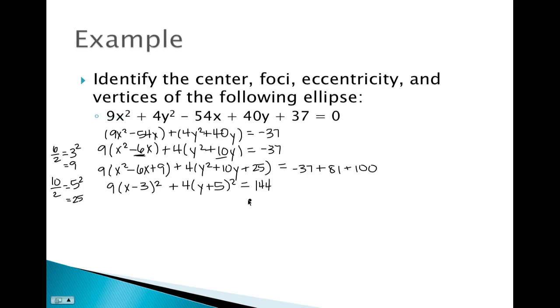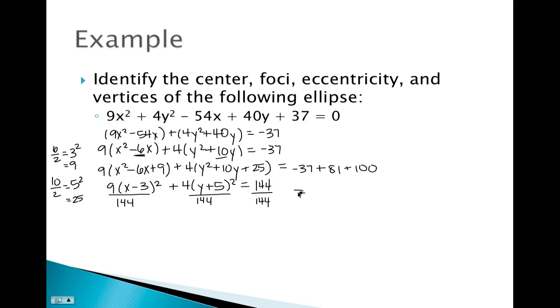So we want to get this looking like the standard equation of an ellipse. So we want this term right here to equal 1. So let's go ahead and divide through by 144. That way we get 1 on the other side of our equal sign. But if we divide this by 144, we have to divide both of our terms here also by 144.